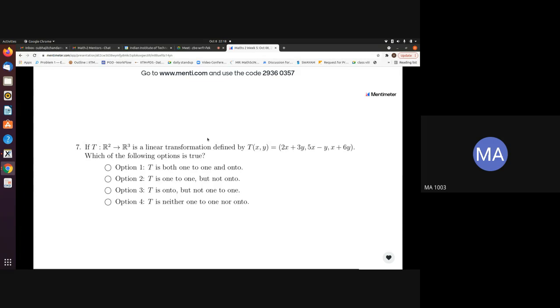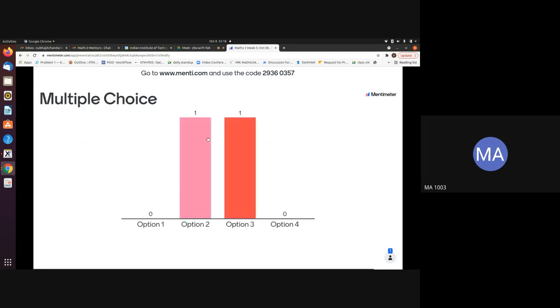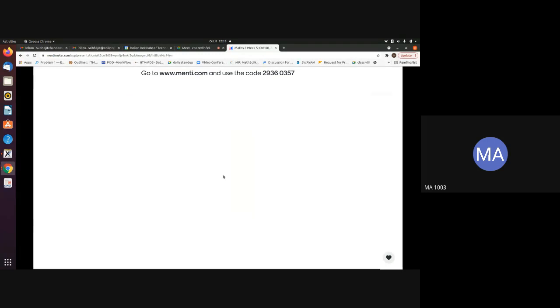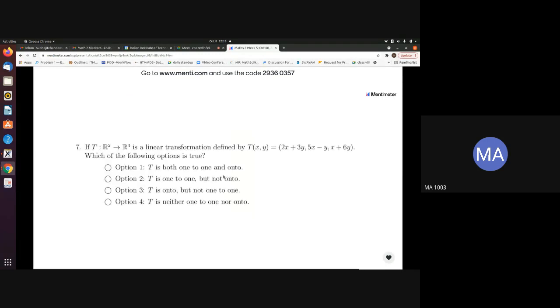How can both 2 and 3 be correct? Whoever has given the options, he has given both as correct options, but how can both 2 and 3 be correct? This is T is 1 to 1, but not onto. This is T is onto, but not 1 to 1.